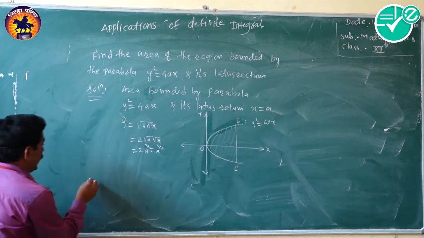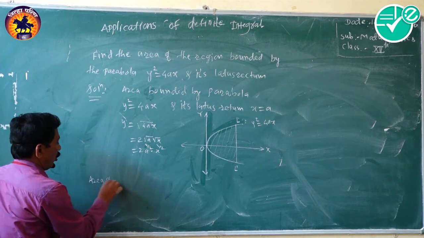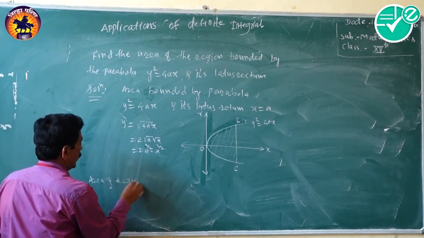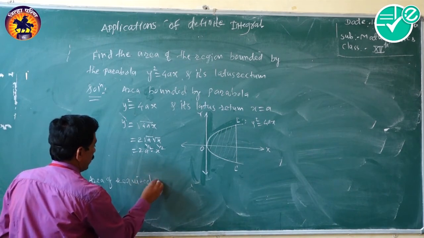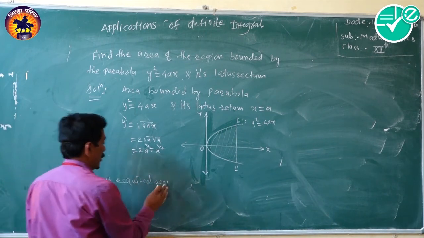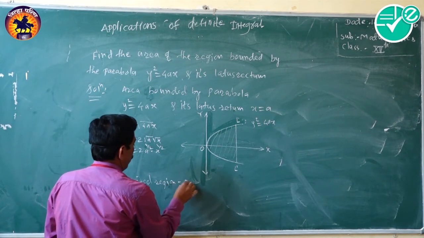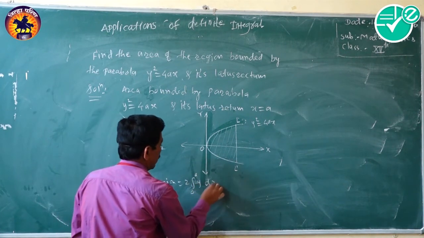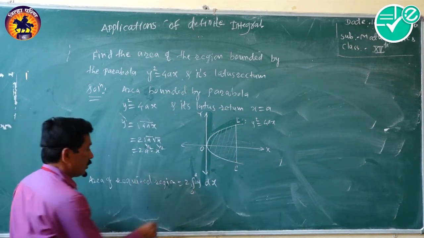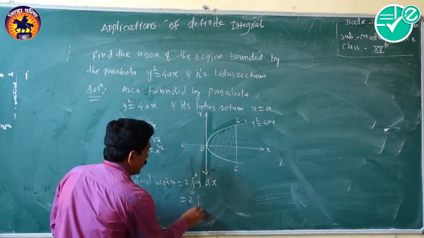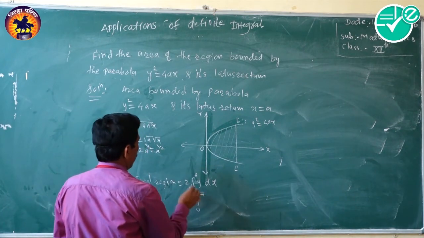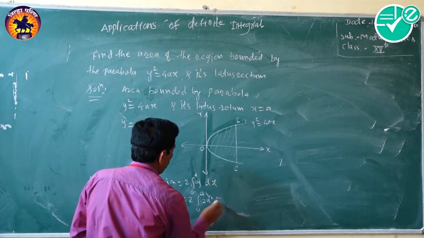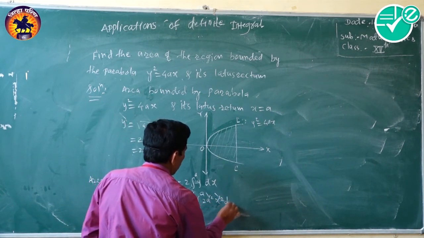Therefore we can take the area of the required region as 2 times the integration from 0 to a of y dx. This is equal to 2, as it is, from 0 to a, the value of y is 2a raised to half x raised to half dx.